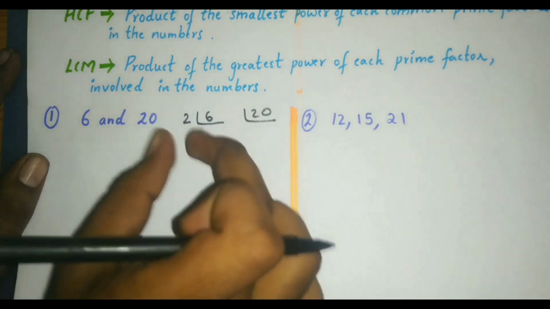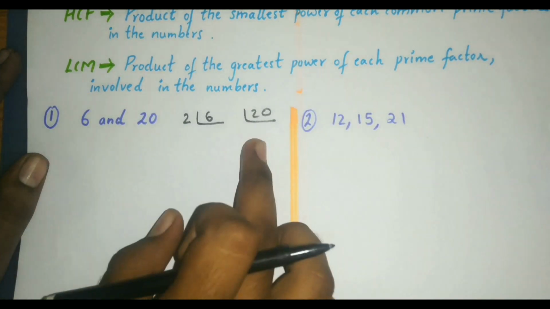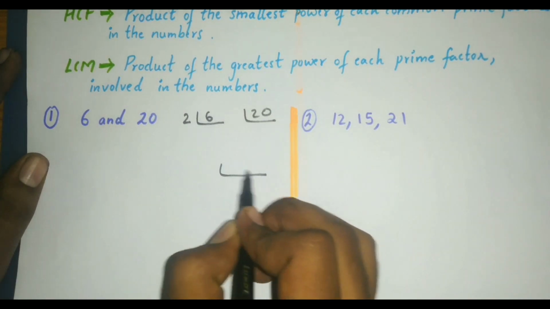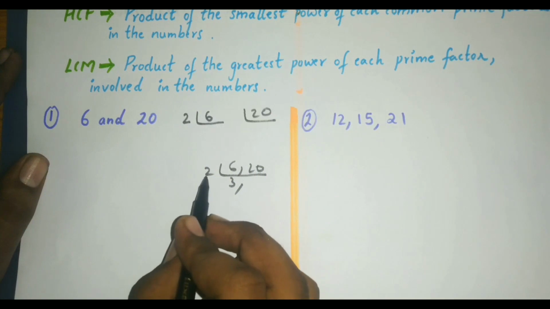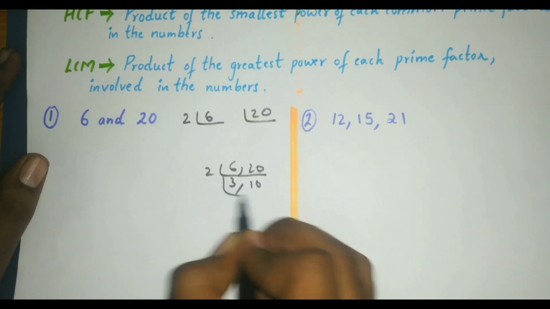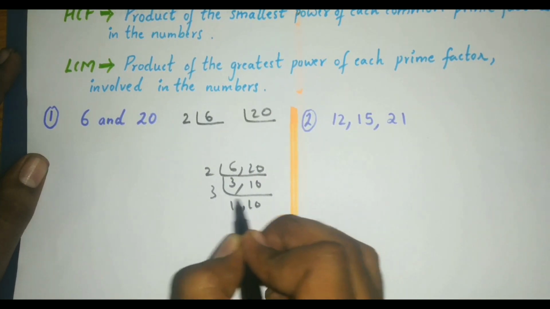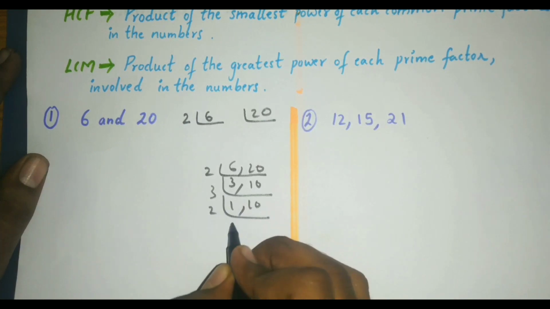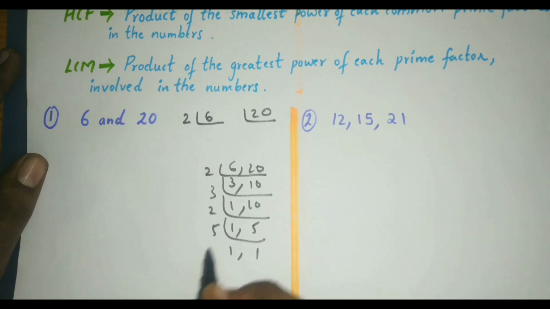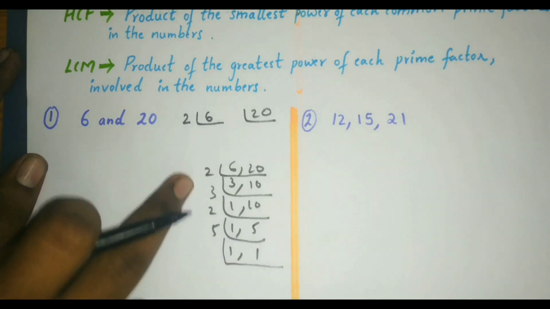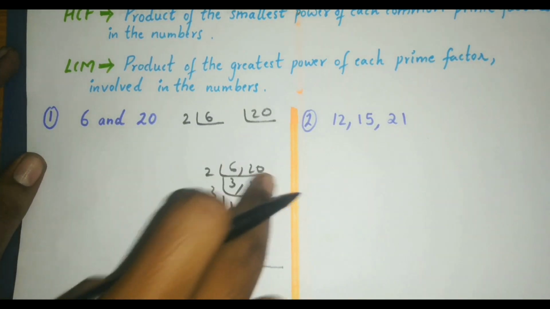The same procedure applies for the LCM of 6 and 20, where you multiply the prime factors to get the LCM.